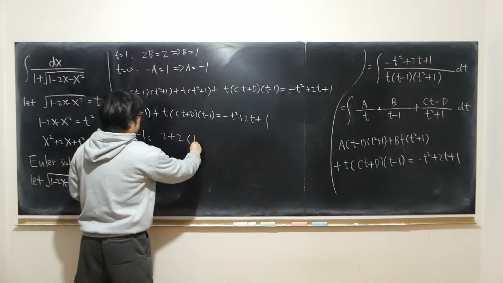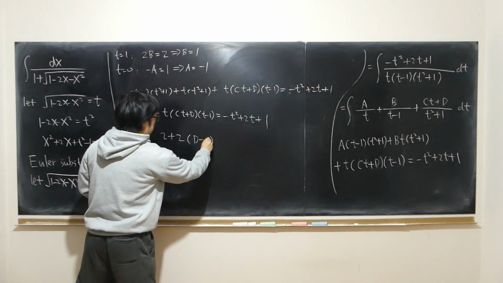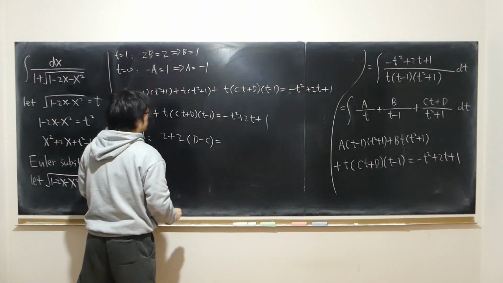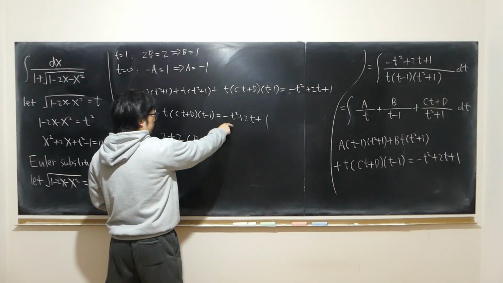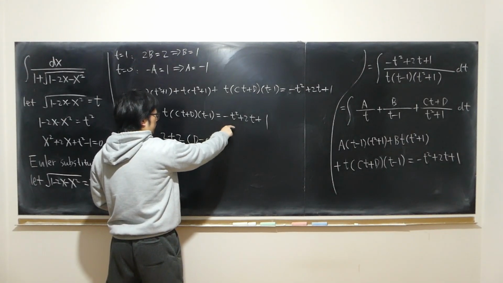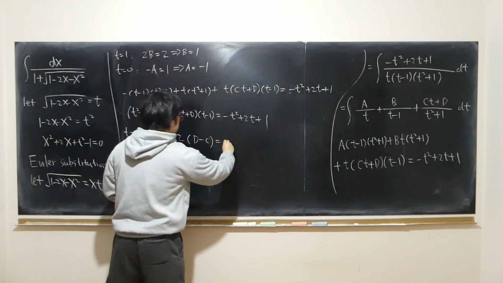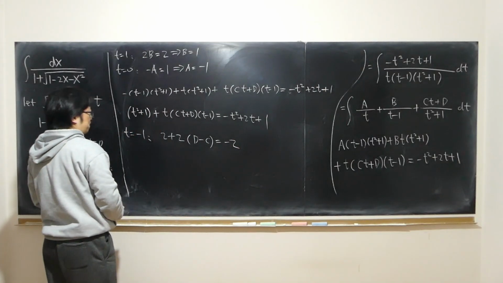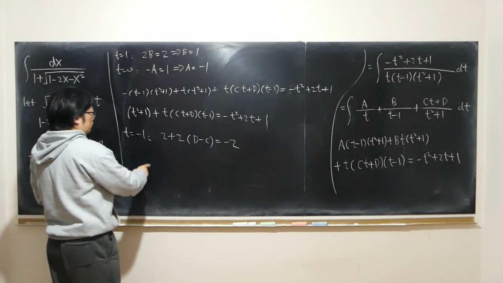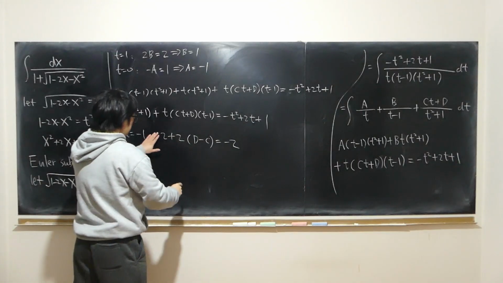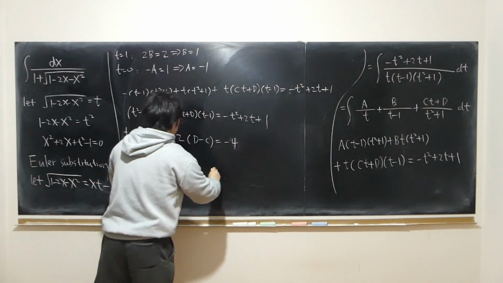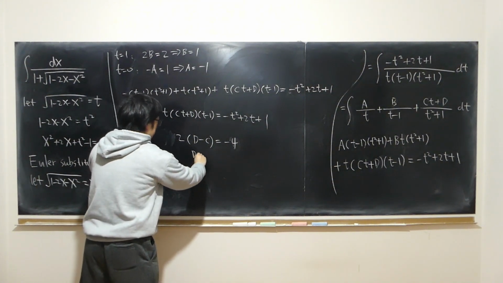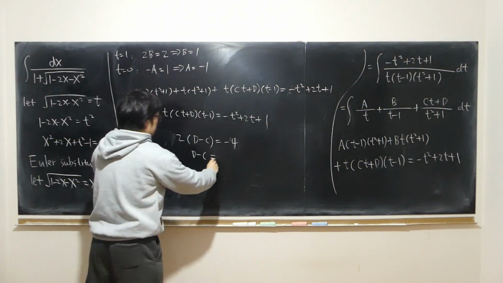So d minus c should equal, plugging negative 1 here, negative 1, negative 2, negative 3, plus 1, negative 2. Simplify a little bit. So 2 moves to the other side, negative 4. Cancel out the 2, so negative 2.